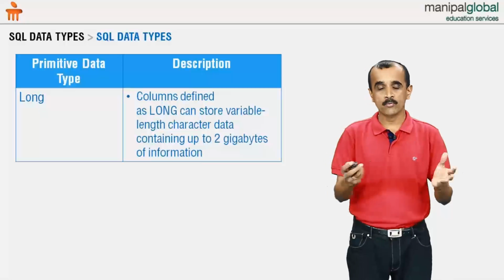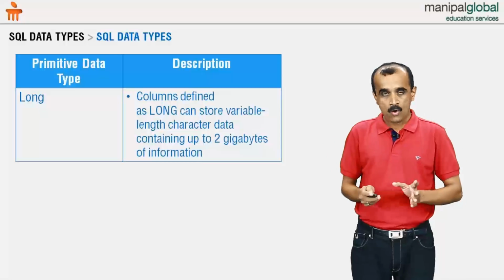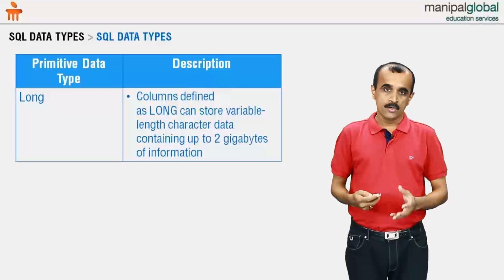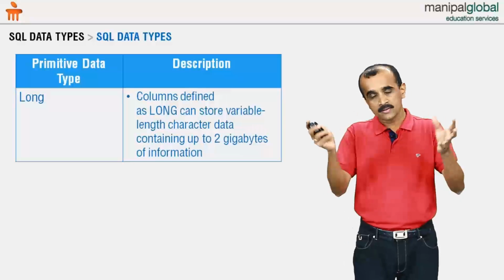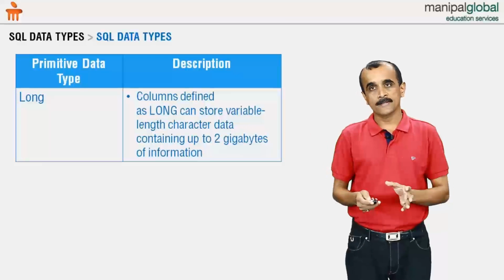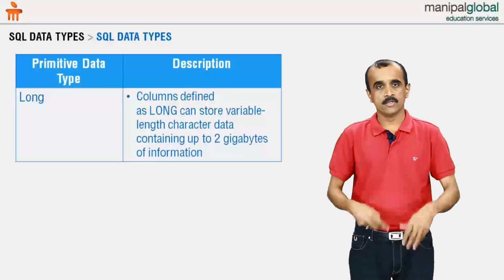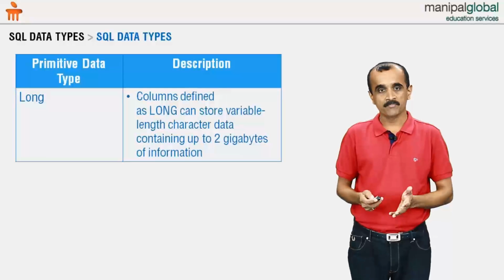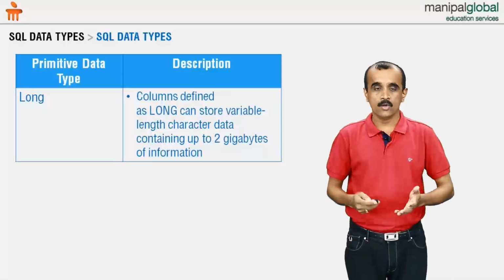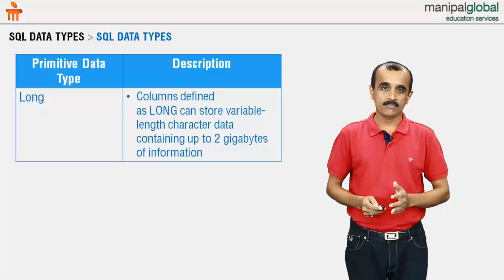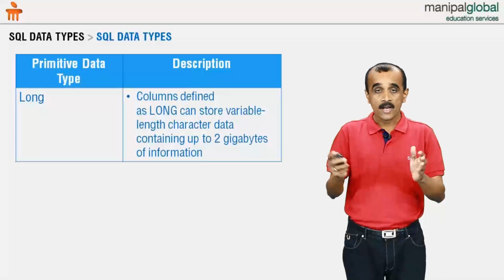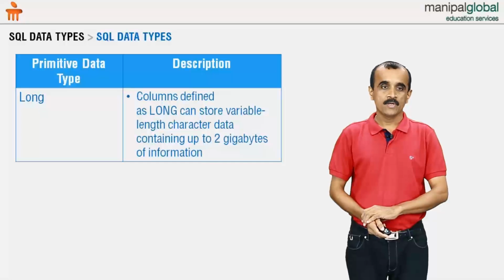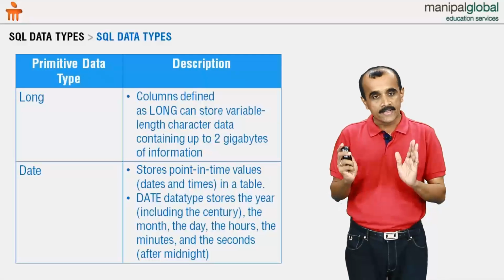In case of an item, I want to store the item description, or all the review comments of an item, or the complete details of a particular product or maybe employee related information. So, I can use the long data type, where I can store up to 2 gigabytes of information.